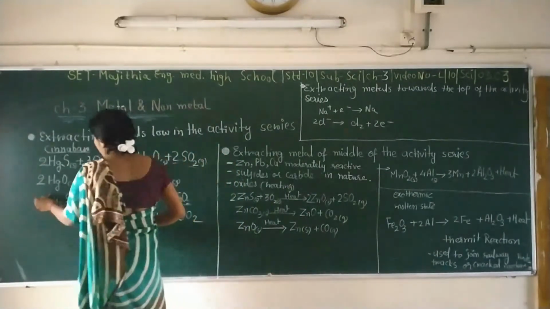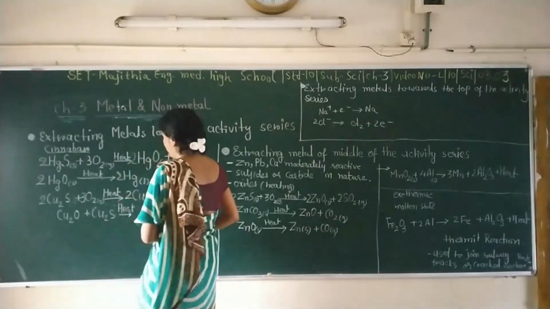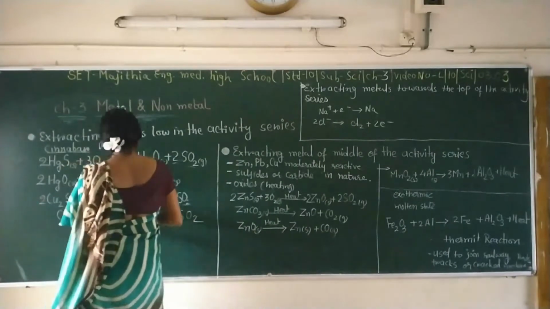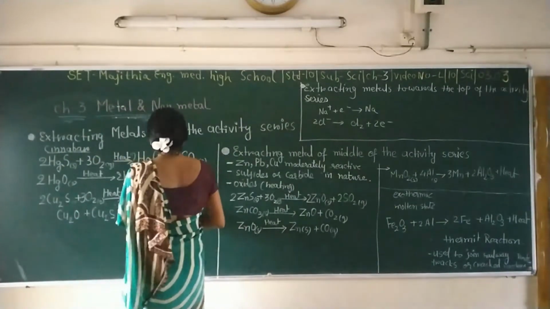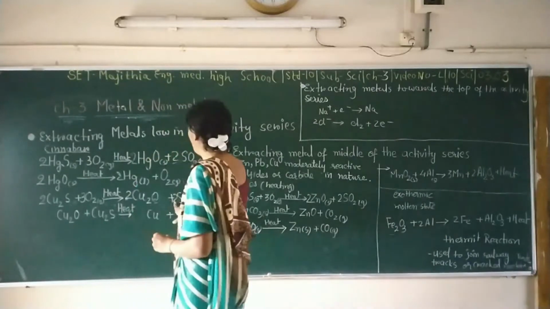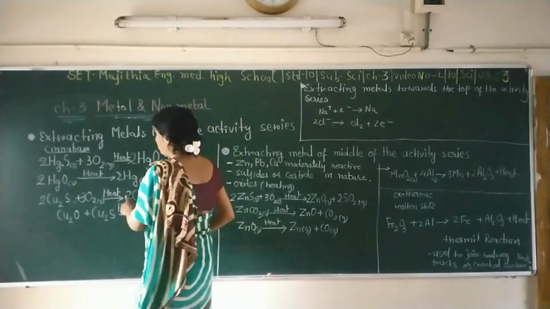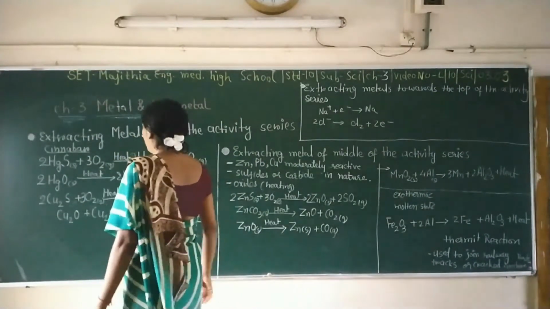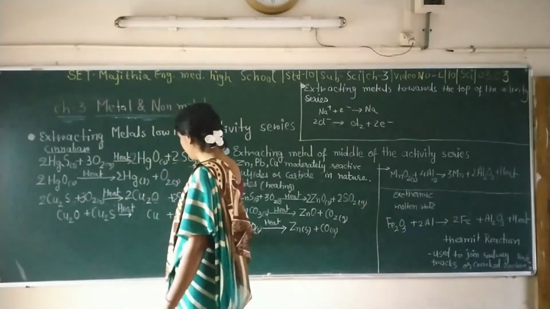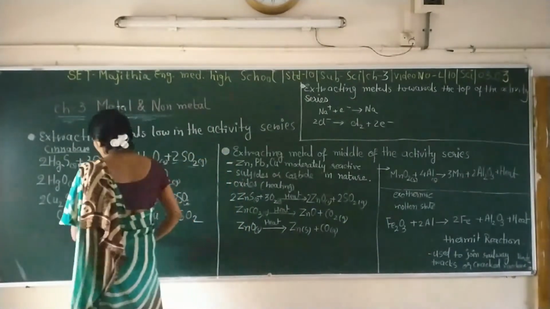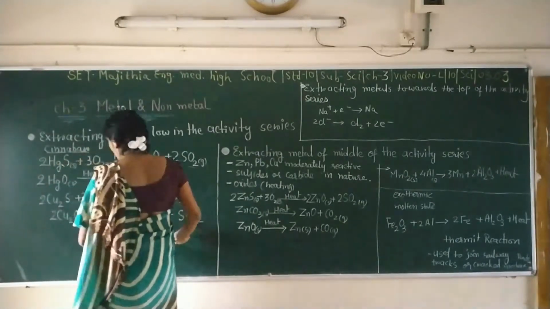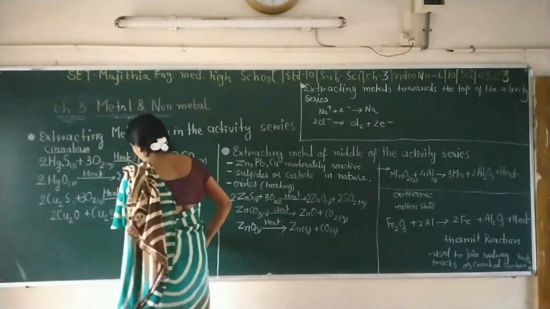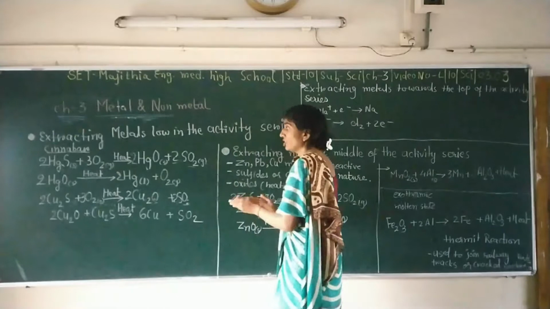So for that, 2 copper plus 2, 4 oxygen, 6. 2 plus 2, 2 twos are 4, 4 plus 2 is 6, oxygen 6, sulfur 2, sulfur 2. So it is balanced now. For this particular reaction, this one is going to do because of SO2, so oxygen should be twice, but copper now became 6. Now this equation is balanced.